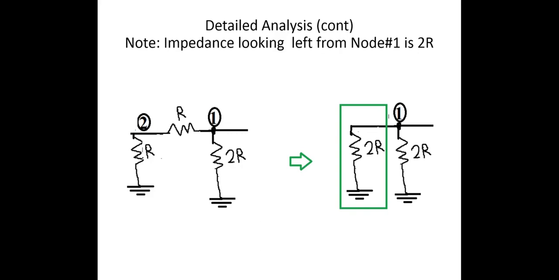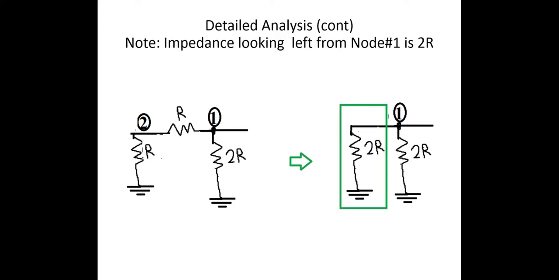So now after simplification, this circuit looks like this, and here we can see that even in case of node 1, the total resistance seen while looking towards left is 2R. So whichever node we take, whether it's node 1, node 2 or node 3, the equivalent resistance while looking towards left is 2R.